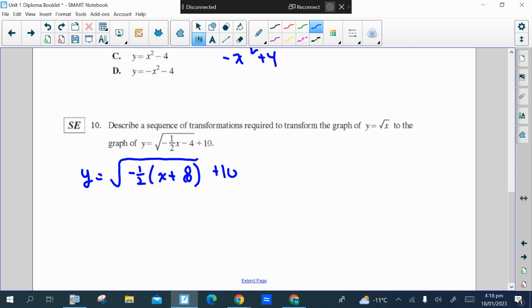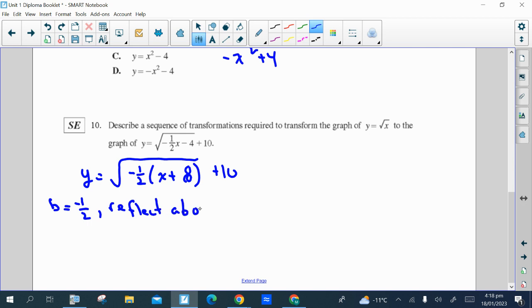And so the first thing we see is we have a b value of negative a half. So that will reflect the graph over the y-axis. And it will also shift the graph 8 units left.